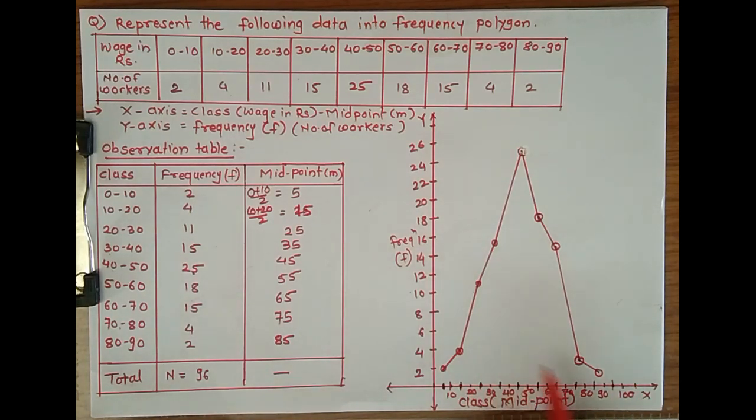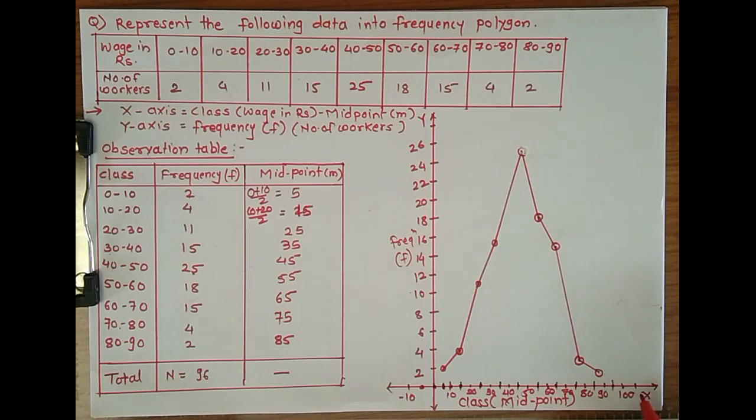We joined all these points, but to close the polygon we need two more classes: one before the first class. The first class is 0 to 10. Before 0 to 10 we need a class that is minus 10 to 0. The midpoint of minus 10 to 0 is minus 5, we mark here. And we need another class after the last class. Last class is 80 to 90.